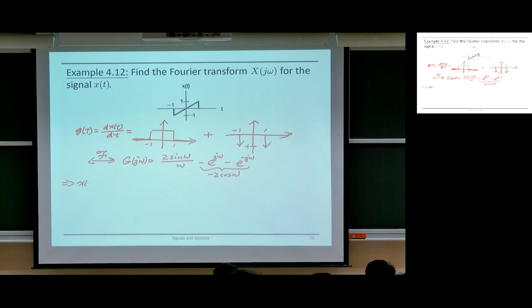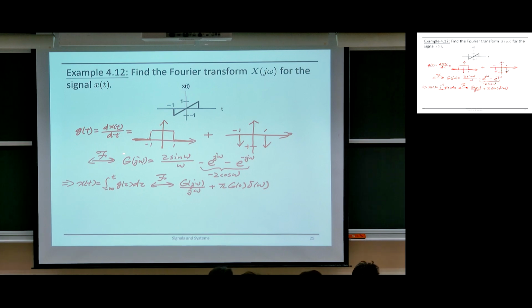So we know that x of t is the integral of g, and it should have a Fourier transform, that is g of j omega over j omega plus pi g of 0 delta of omega.